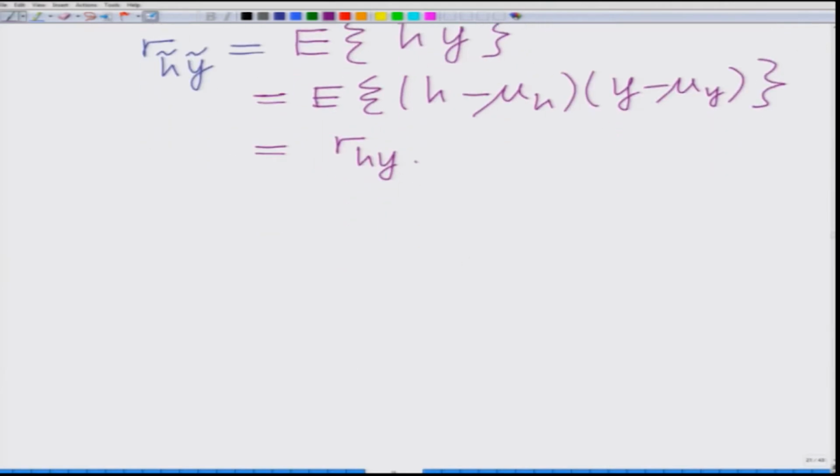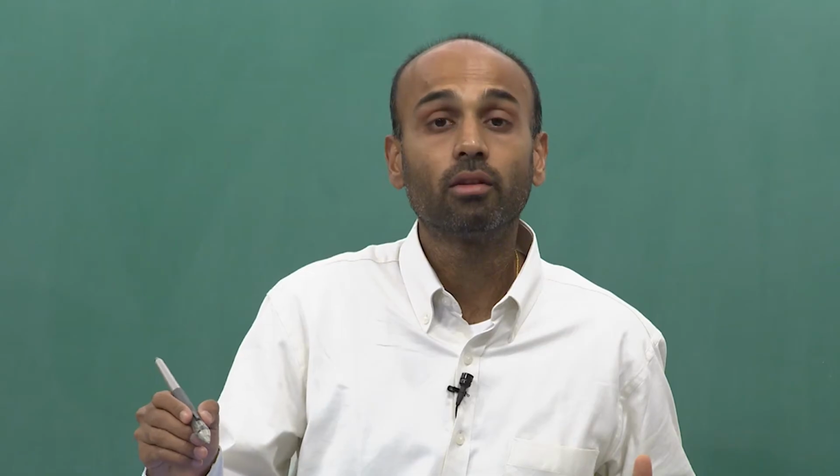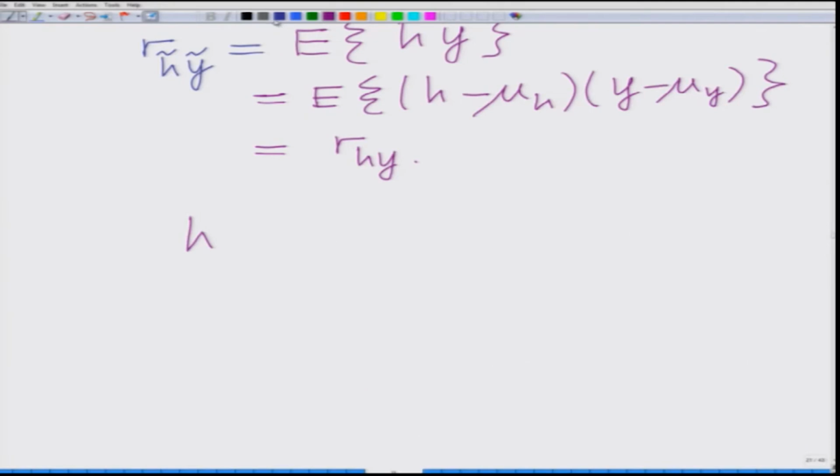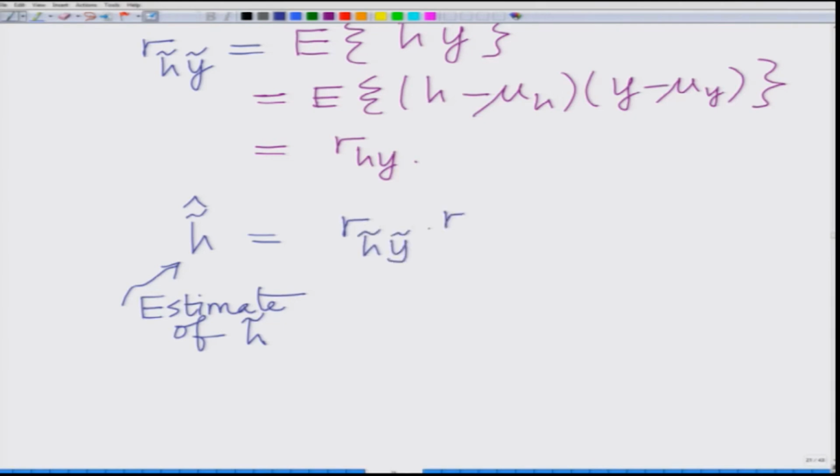Okay. Now, the estimate of h tilde given y tilde, that is the estimate of this modified parameter h tilde given the observation y tilde, we know this is given as, let us write this down, h tilde hat, the estimate of h tilde, equal to r h tilde y tilde, r y tilde inverse times y tilde.